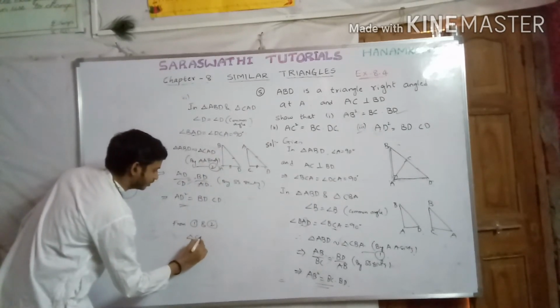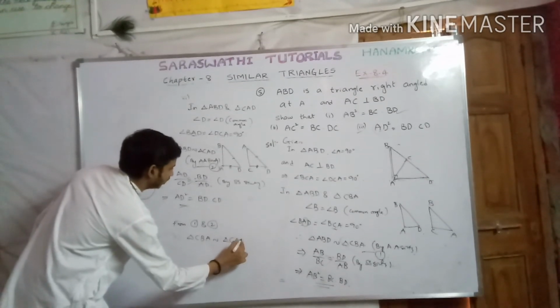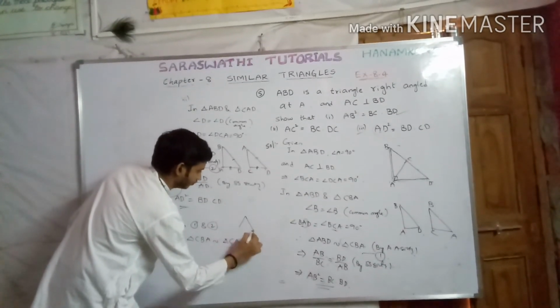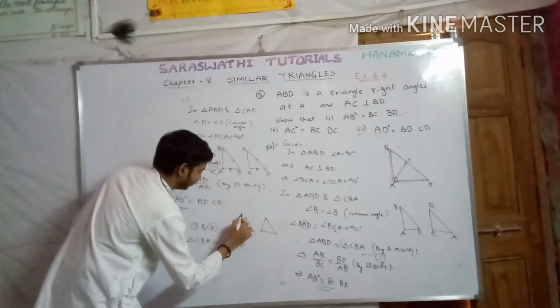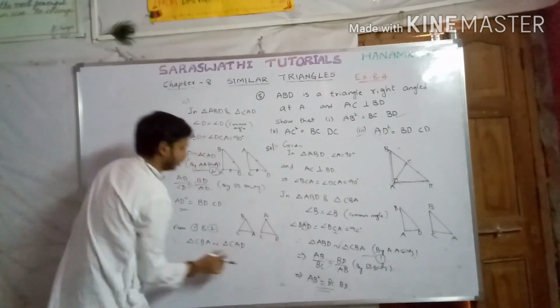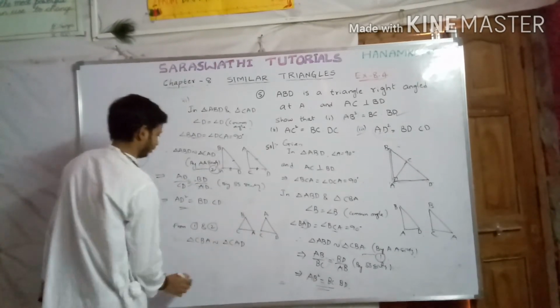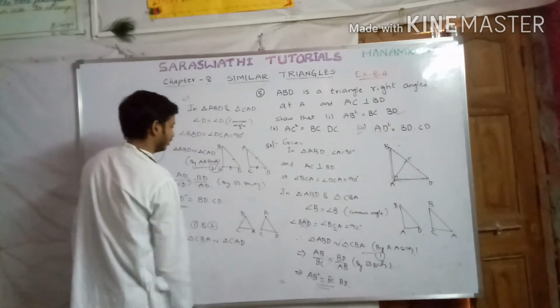So draw these two triangles, CBA and CAD. If these two triangles are similar, then the ratio of their corresponding sides are equal. That means BC by AC equal to AB by AD equal to AC by CD.